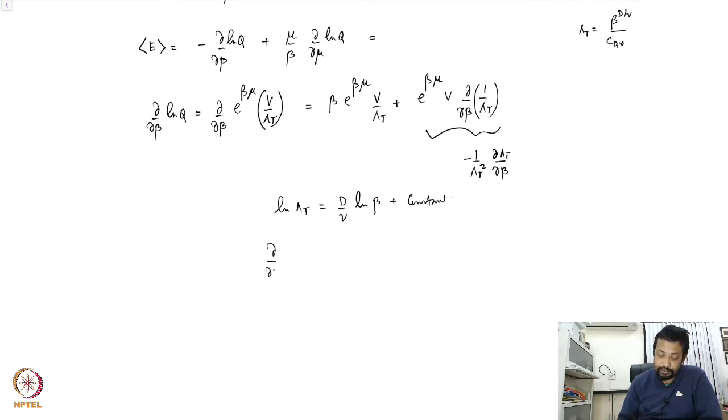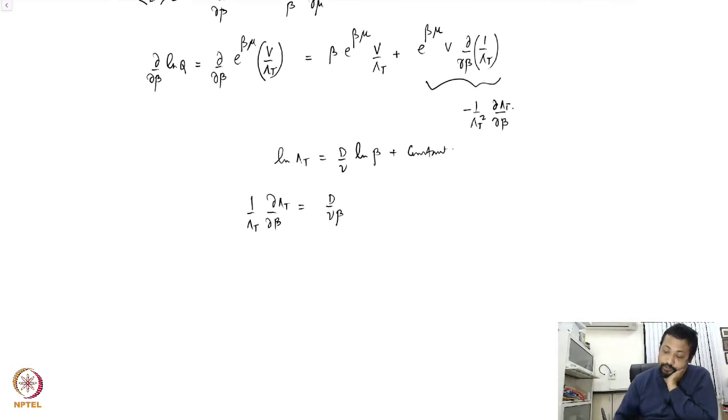So therefore del beta of 1 over lambda_t, del lambda_t is going to be d over nu beta. So which means this I can write as minus 1 over lambda_t, 1 over lambda_t del beta, correct?